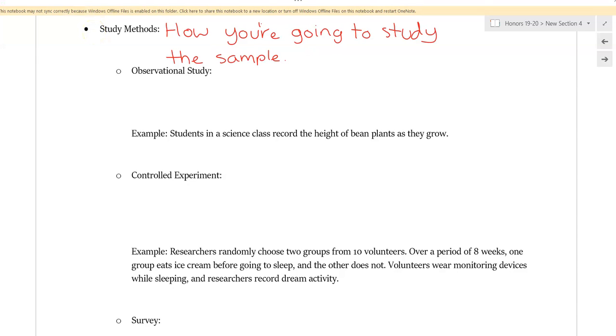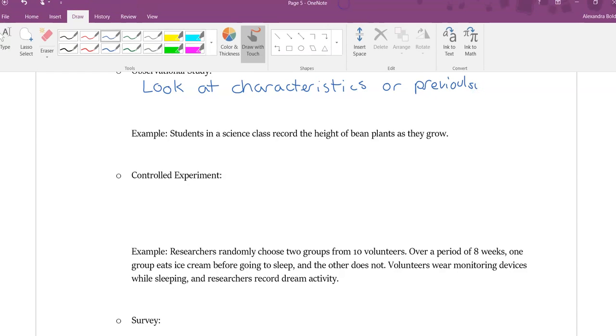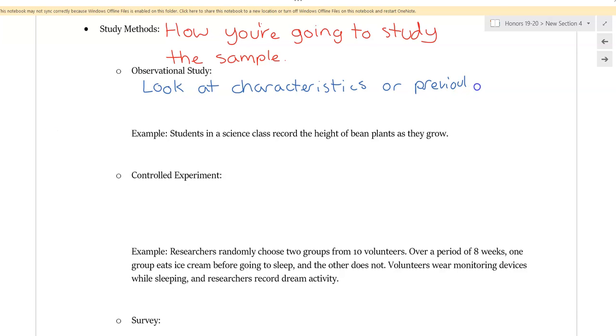So an observational study is where you observe or you just look at previously gathered data. The biggest thing is we're not asking anything.